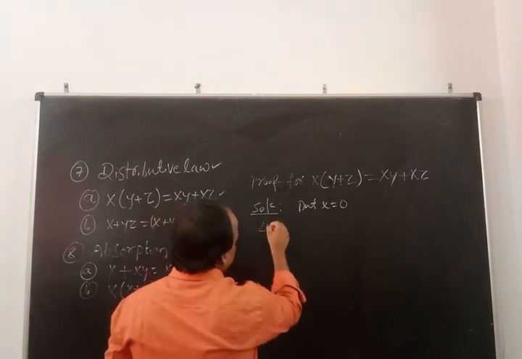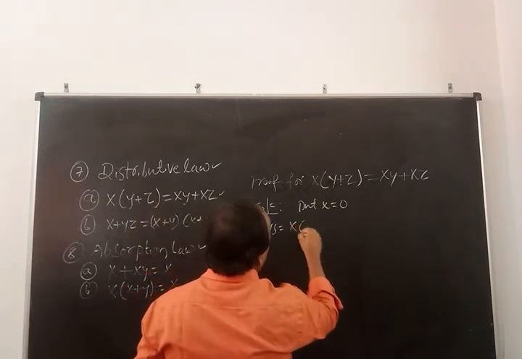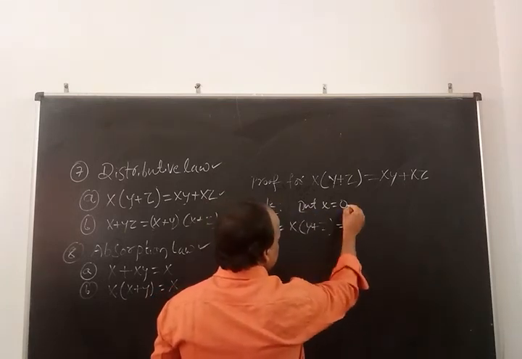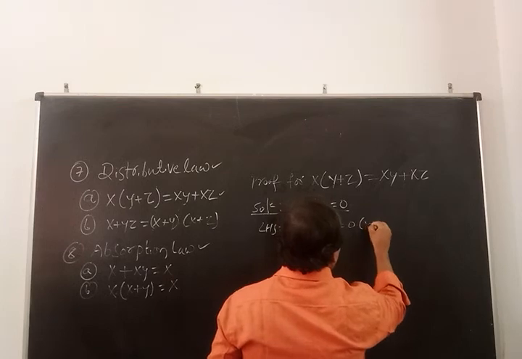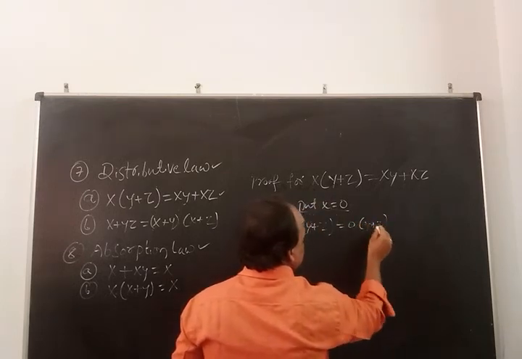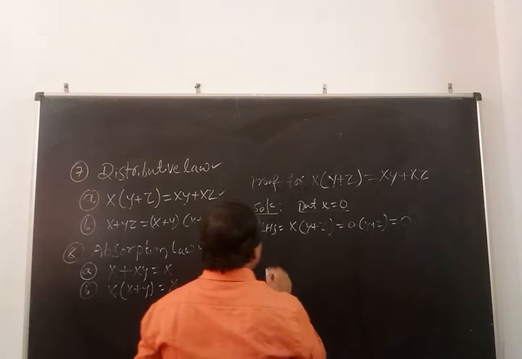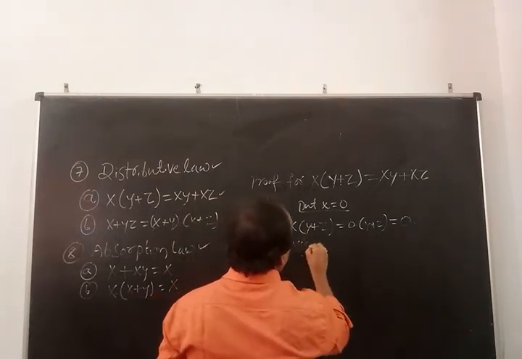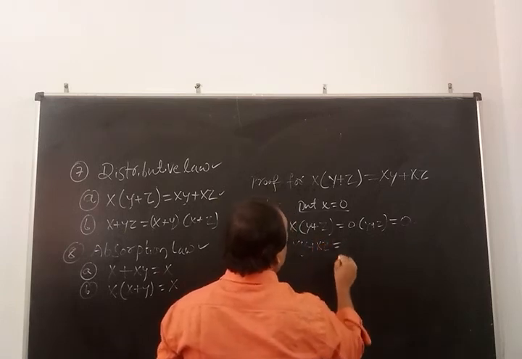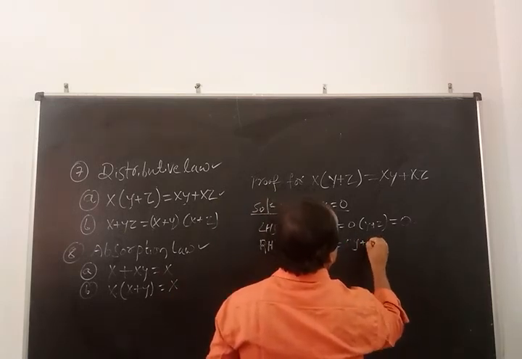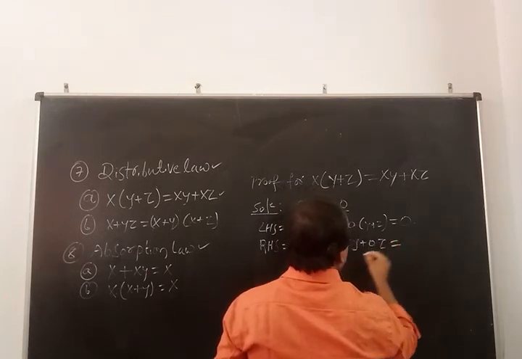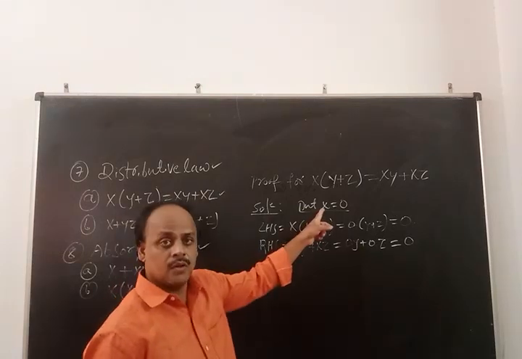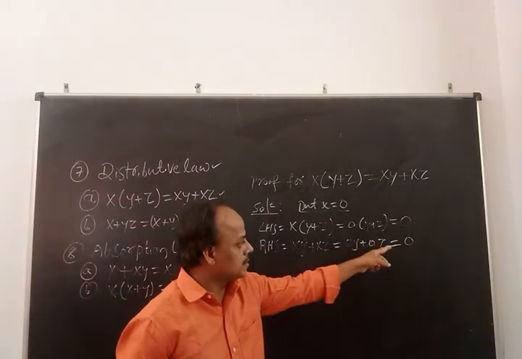Then consider LHS, which will be equal to x into bracket of y plus z, which will be equal to, x value is 0, therefore 0 into y plus z. Anything into 0 is 0, that's why 0. Now consider RHS, which will be equal to x into y plus x into z, which will be equal to 0 into y plus 0 into z. Here also we are getting 0. So when x is 0, LHS is 0 and RHS is also 0.